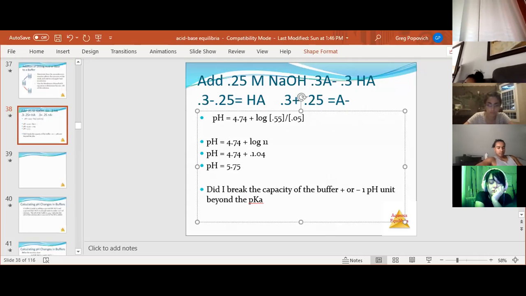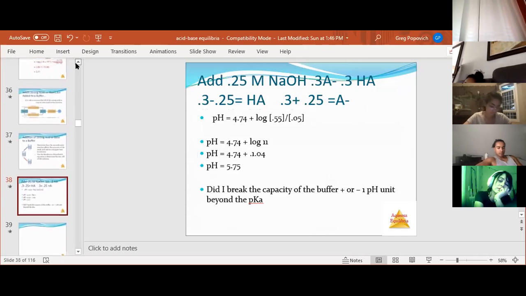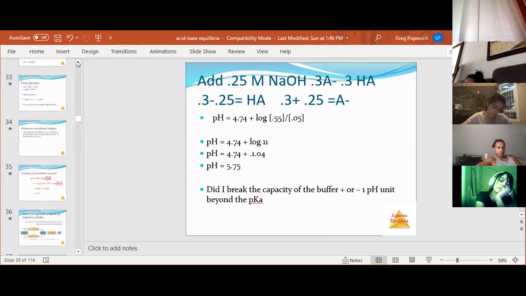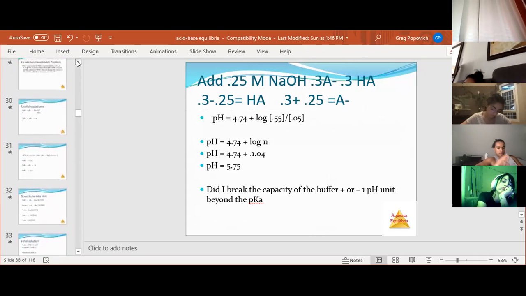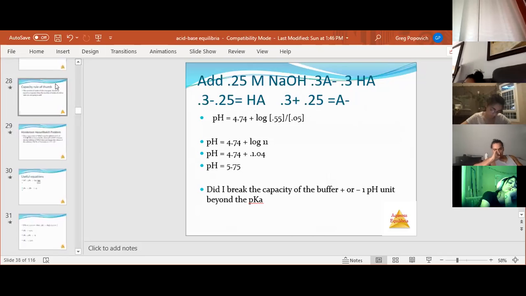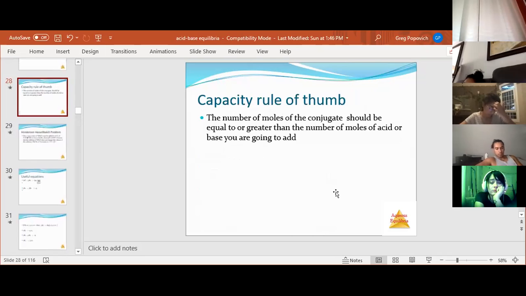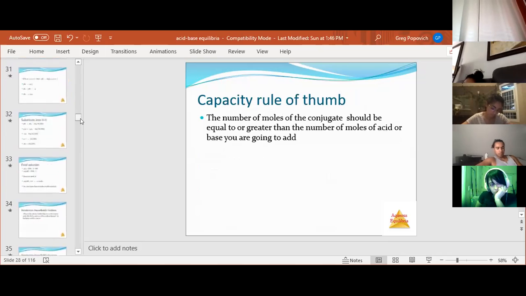Now, remember what we said way back when. For buffer capacity, the number of moles of the conjugate base must be equal to or greater than the moles of acid or base you're going to add.